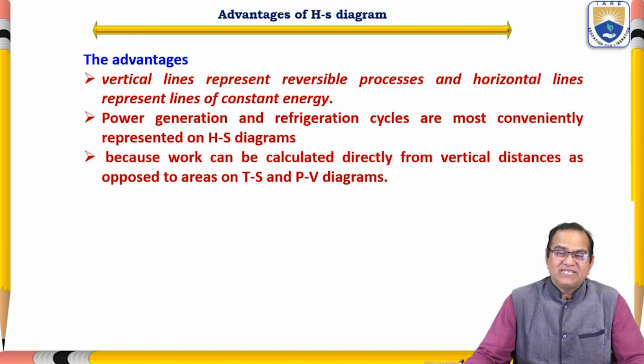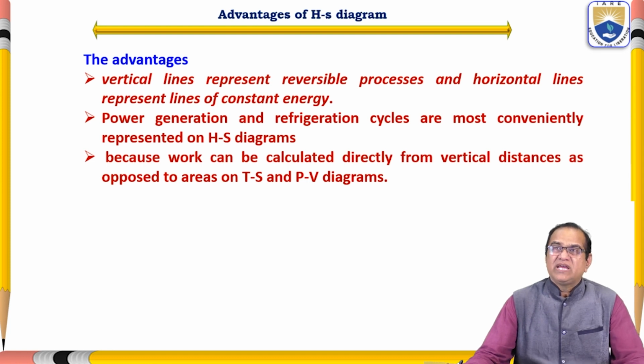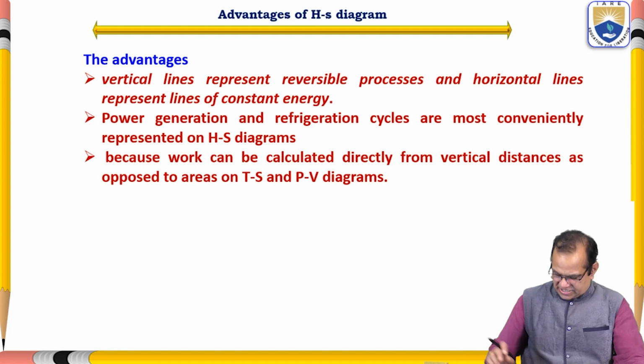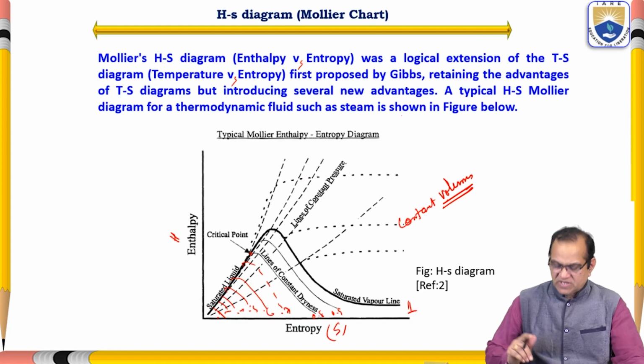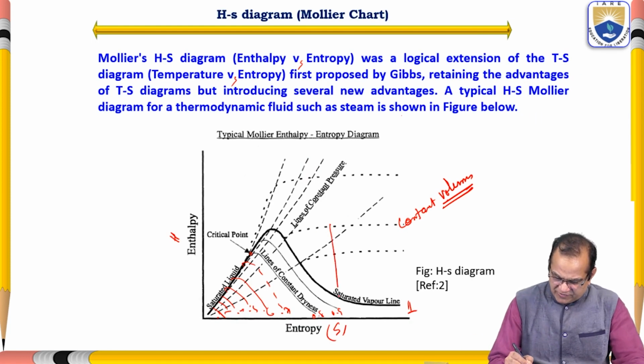So what are the advantages of this HS diagram? Vertical lines represent a reversible process and horizontal lines represent constant energy. If you draw a vertical line from here to here, it is a constant entropy line, the adiabatic or isentropic line.